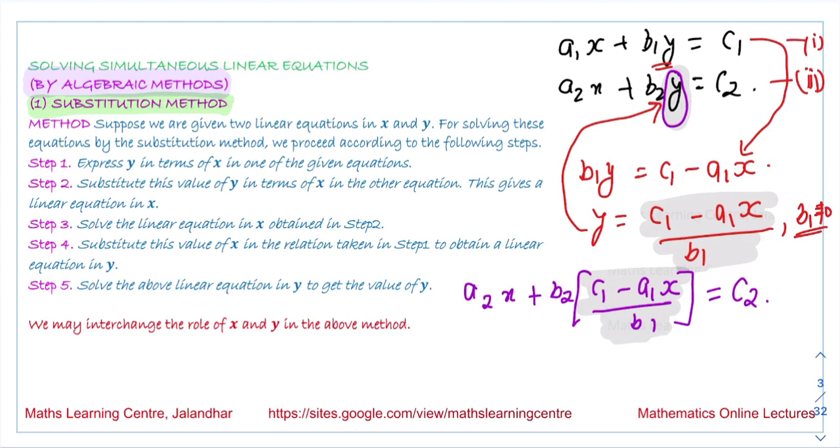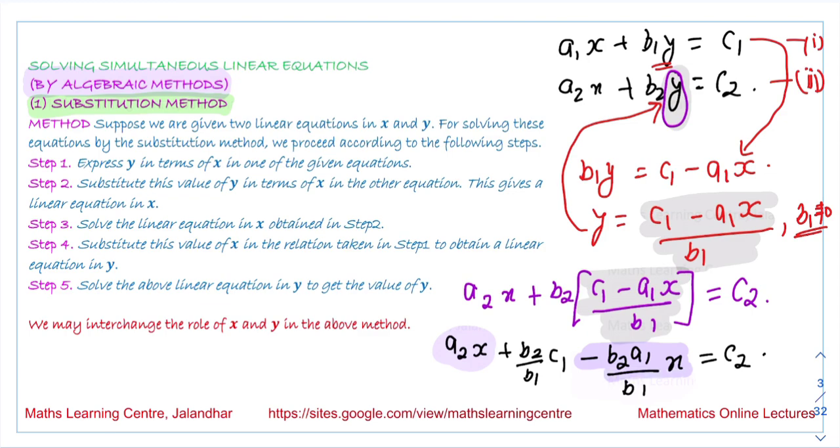Now from this equation we get a2x plus (b2 over b1) into c1 minus (b2a1 over b1)x equal to c2. Look at these two terms, it is a2x and this is minus b2 a1 over b1 x.